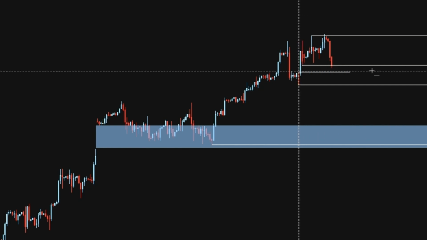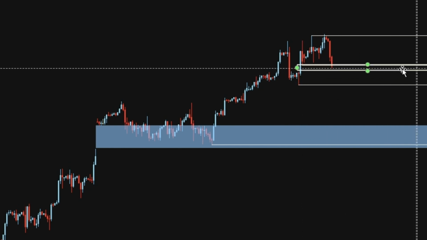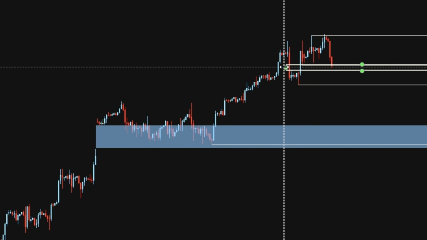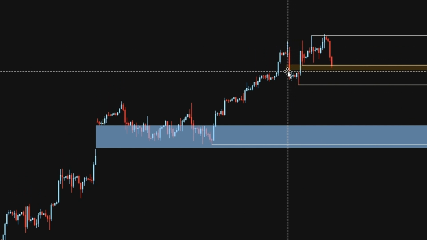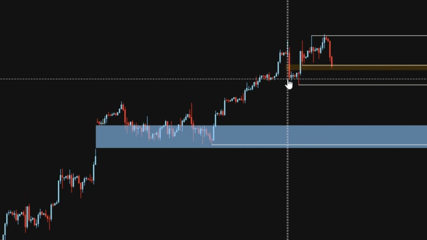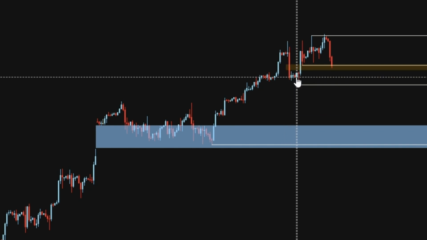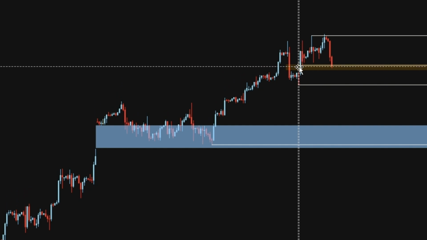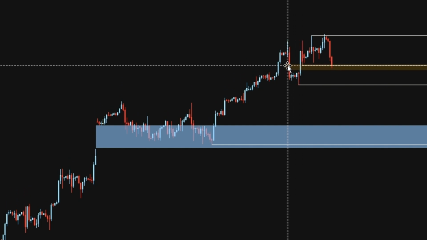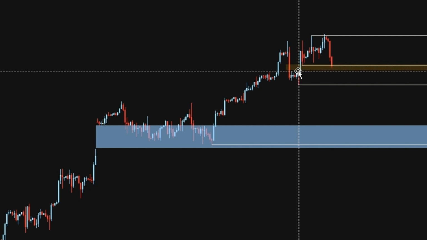So we have this imbalance here, a fair value gap, or let's say this is a balanced price range here, because we have a bearish candle with imbalance here, and after that we have an opposing bullish candle with imbalance as well inside this bearish fair value gap.